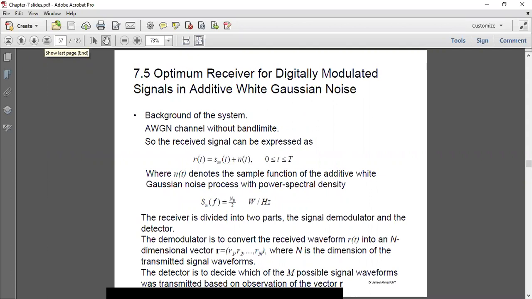So these are the corresponding slides for section 7.5, optimum receiver for digital modulated signal in AWGN channel. So first we talk about the received signal, then the noise and its spectral density. Since noise is a random process, we have to talk about its spectral density. And then we have an observation vector r, which is N-dimensional.